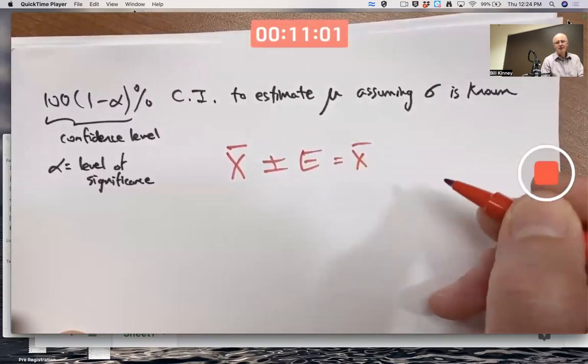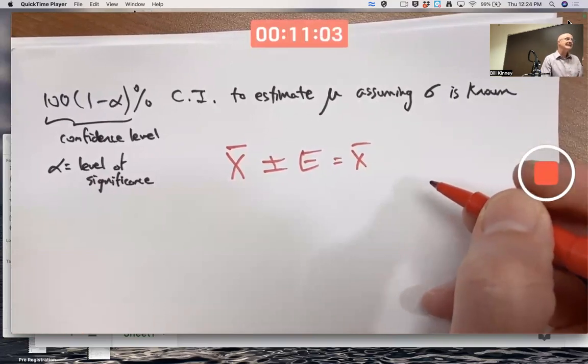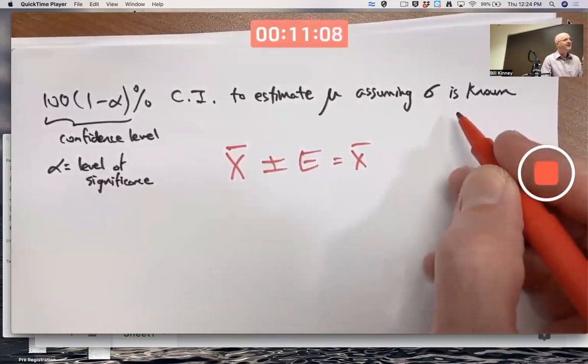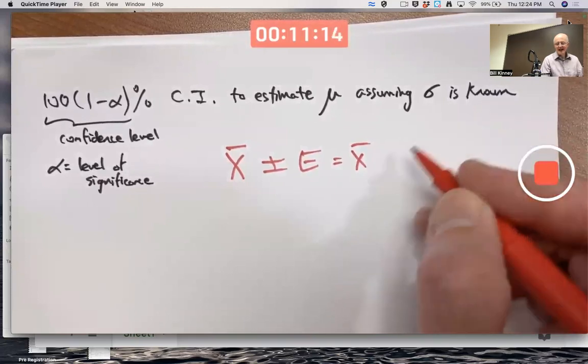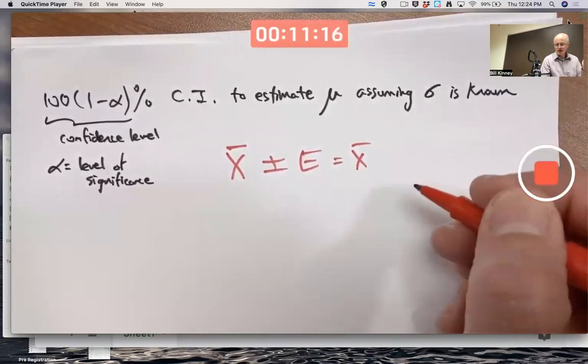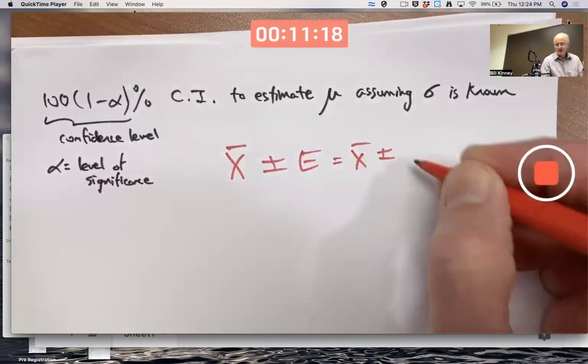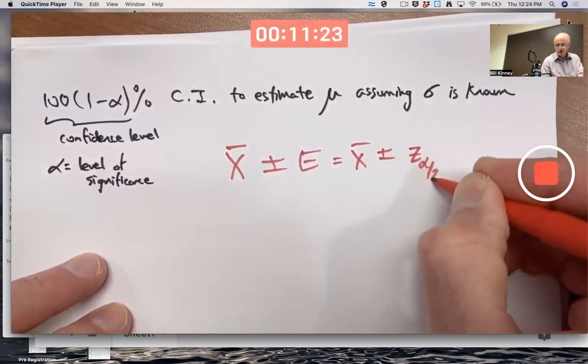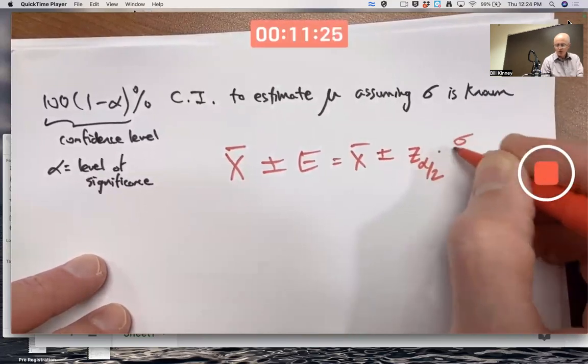I wrote it as a capital E there as if it's a random variable, and that is the case when sigma is not known and you have to use S, the sample standard deviation. But when we know sigma, it's actually not a random variable. Maybe I should have used a lowercase e. The formula for that margin of error is z sub alpha over 2 times sigma over square root of n.